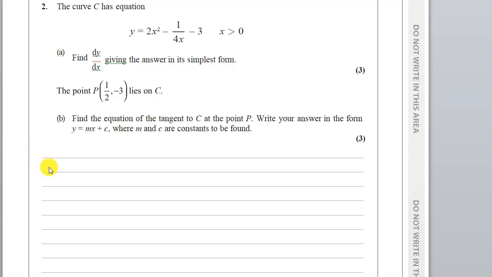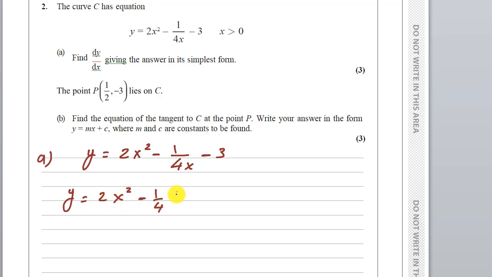Let us start to solve. This is part A. y equals 2x squared minus 1 over 4x minus 3. So y equals 2x squared minus 1 over, 4x to the power minus 1, minus 3.